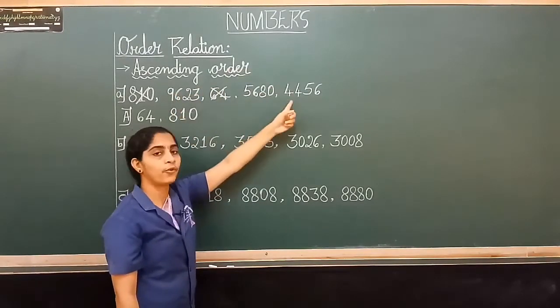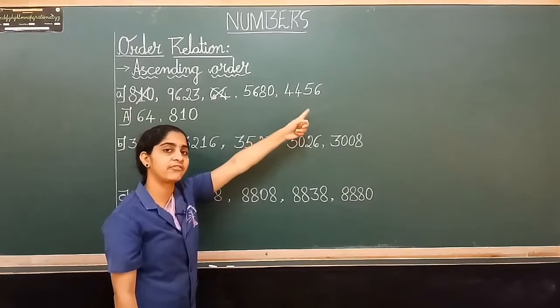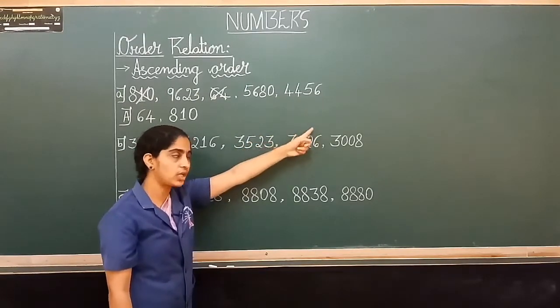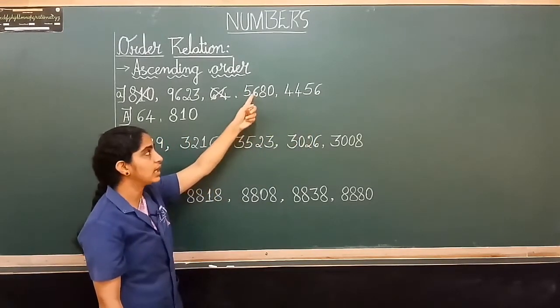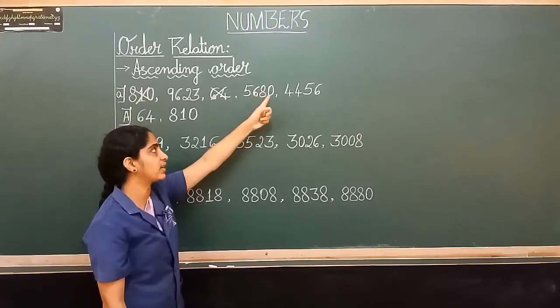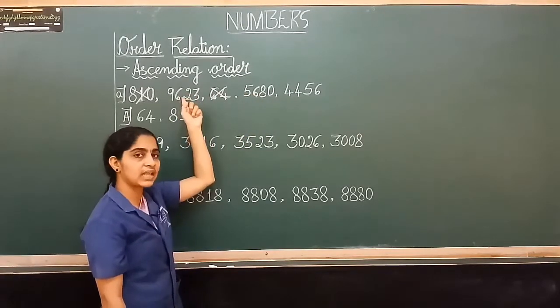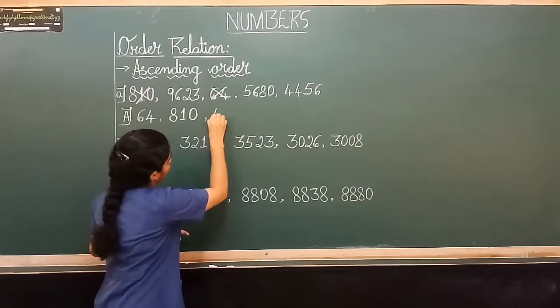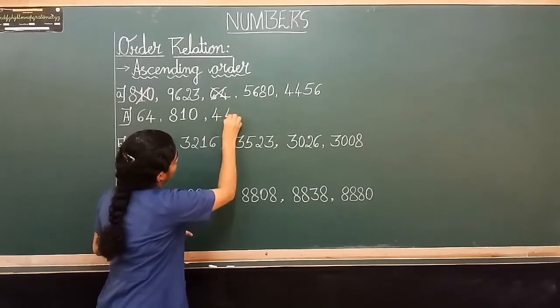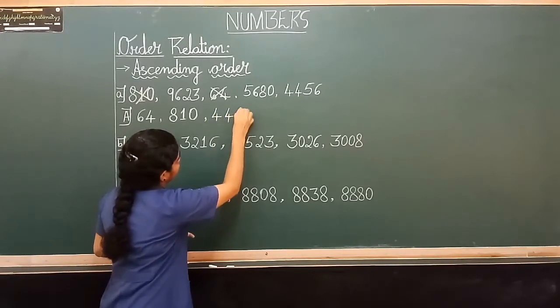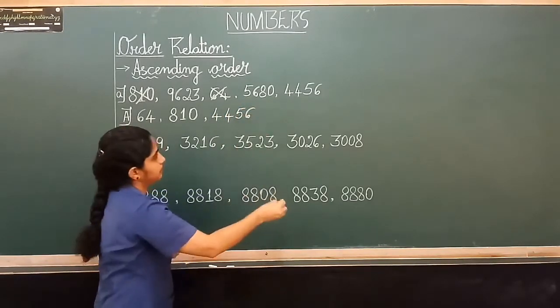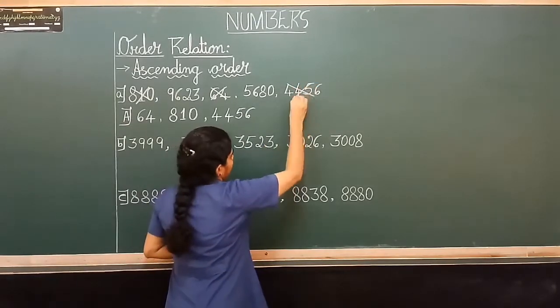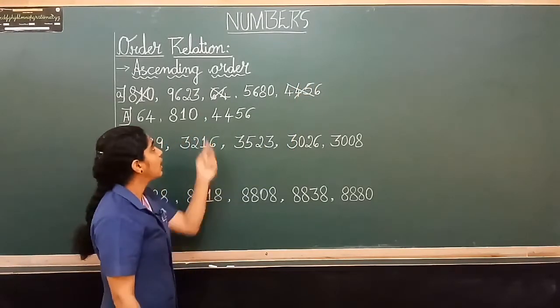That means 4456 is smaller number compared to 5680 and 9623. So next we have to write 4456. As we have written this, let us cut.